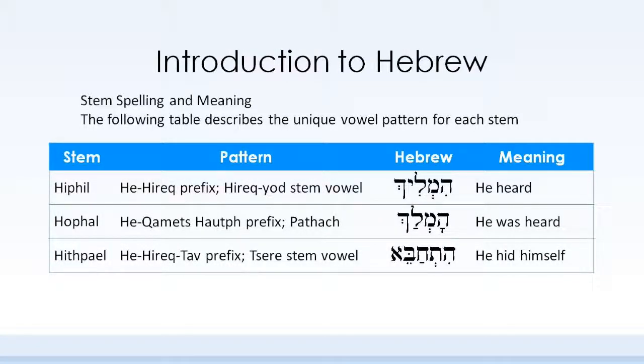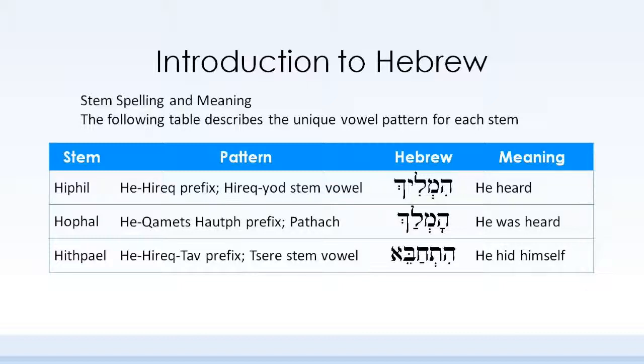The next stem is the hifil stem. It exhibits a he hiriq prefix and a hiriq yod stem vowel. The verb in this example is himlik, he made king. Notice the he hiriq prefix before the first root consonant, which is the mem, and the hiriq yod associated with the lamed.